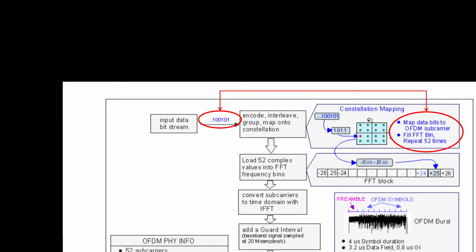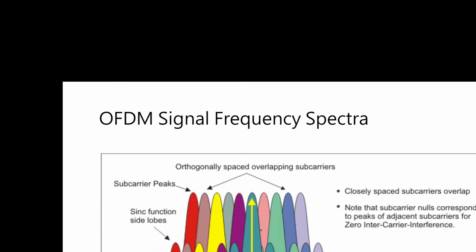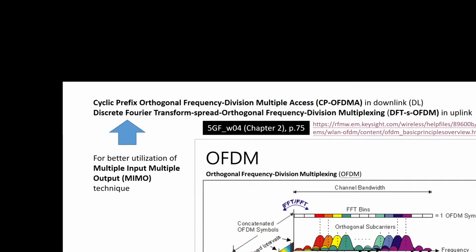Once you send in the data, it is based on the time domain. Then add the guard interval. See this? This is the guard interval. There is more detail on this website; if I do not explain clearly, you can read it yourself.